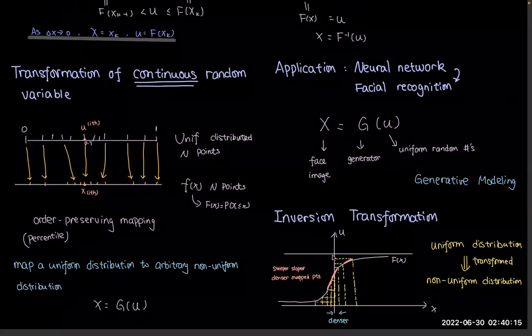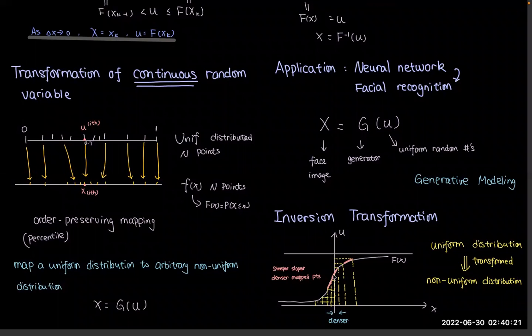So you can imagine that this is our f of x, and then this is 0 to 1, right? Consider the uniform distribution as endpoints that are equally spaced. And for each point you retrieve the corresponding x by going horizontally first, hit the curve, and go down to get your x, right?